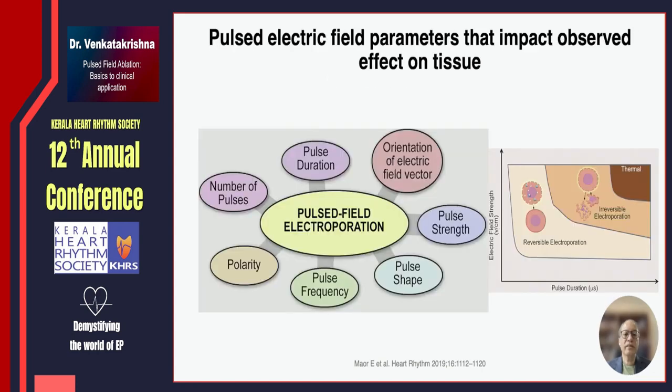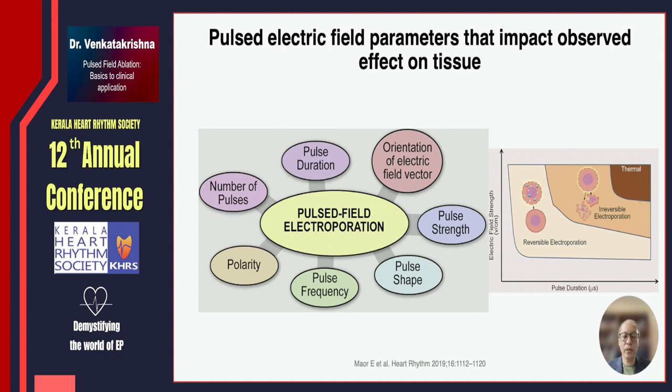What pulse electric field parameters impact the observed effect on tissue? Apart from pulse frequency, you can think about polarity, number of pulses, pulse duration, and the orientation of the field vector, as well as the pulse strength and perhaps the pulse shape, which may impact pulse field ablation.